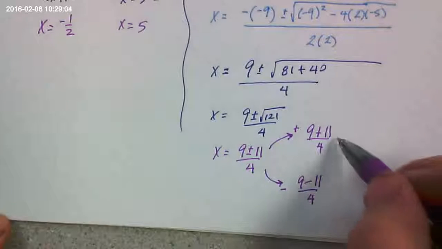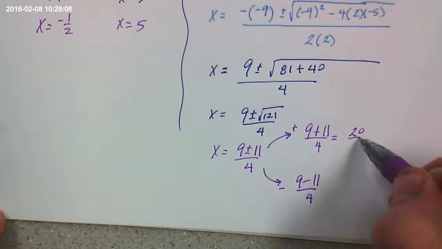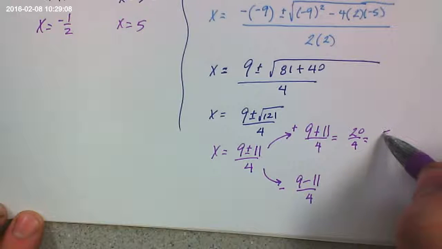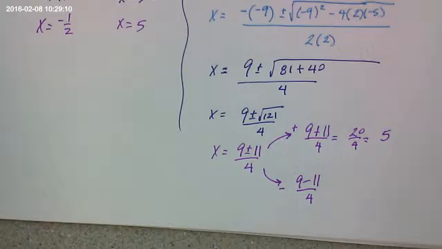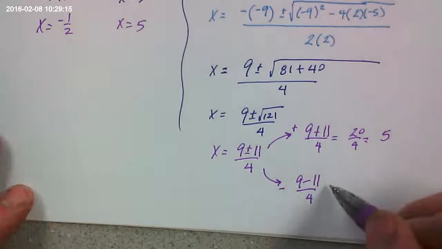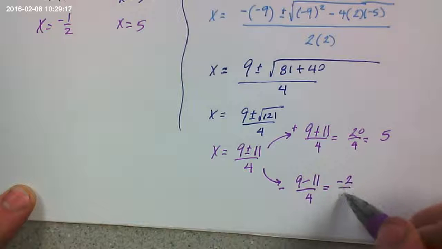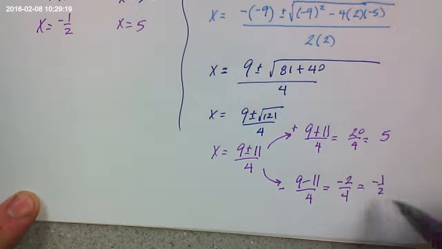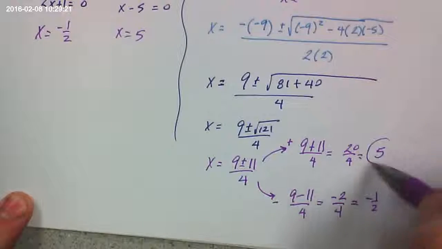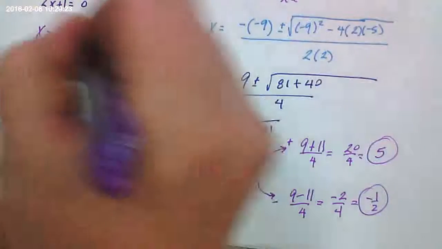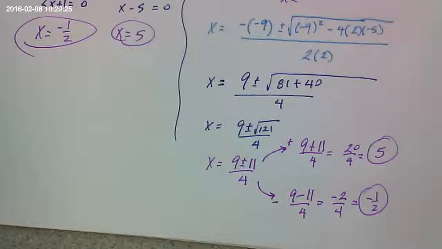I think that 9 plus 11 is famously known as 20, and you have to simplify and reduce, and that's 5. And here, that's negative 2 divided by 4. You're going to reduce, and you get negative 1/2. Same, good. Wow. Yeah. I like this.